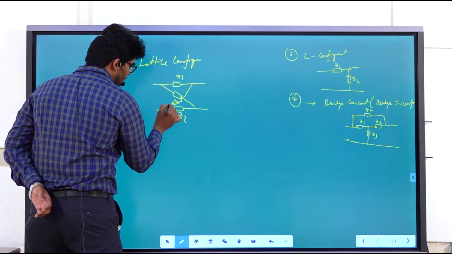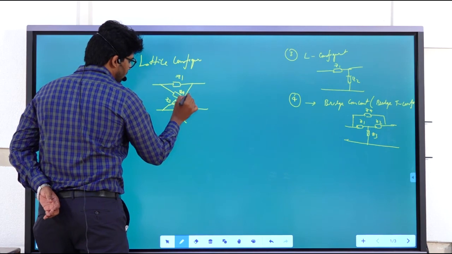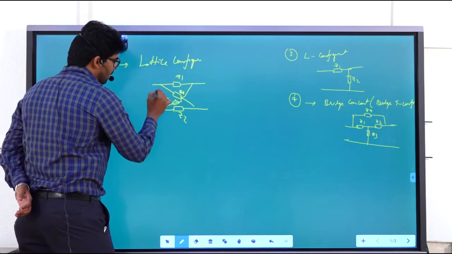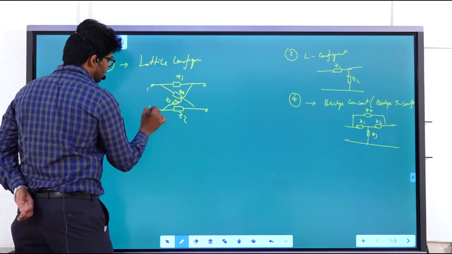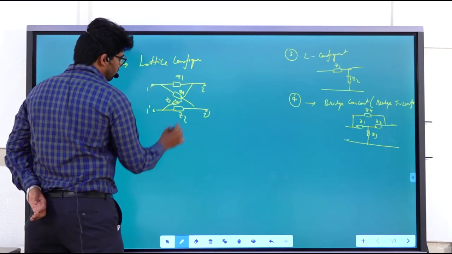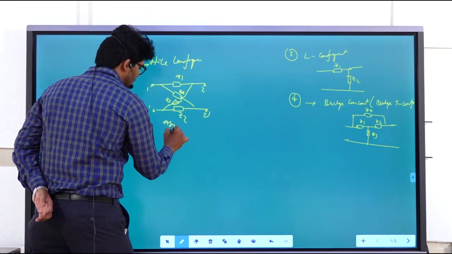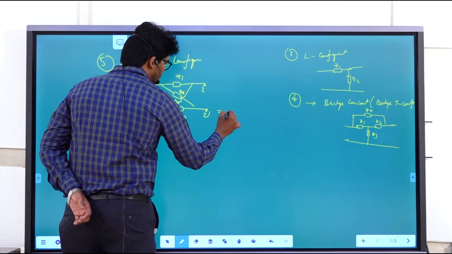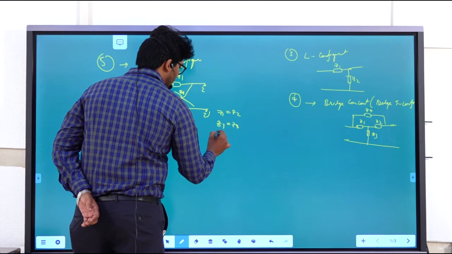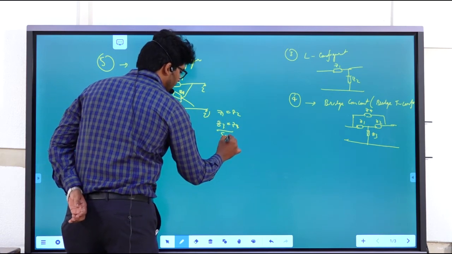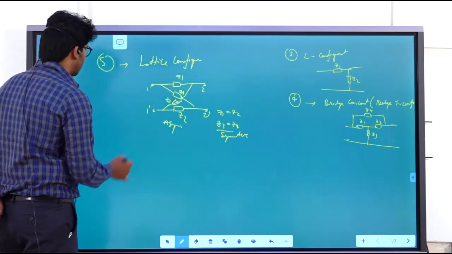In between you will have a circuit: Z1, Z2 and Z3, Z4. This is port 1, port 2, that is 1, 1 dash, 2, 2 dash. If the values Z1, Z2, Z3 are different, this is asymmetric. If Z1 equals Z2 and Z3 equals Z4, then this will become symmetric. So this is the lattice configuration.